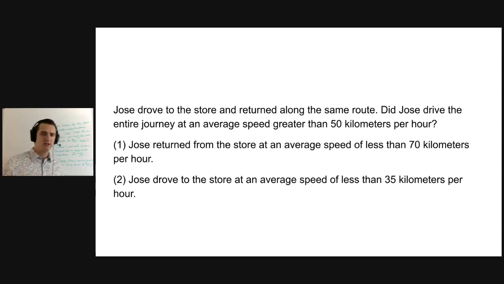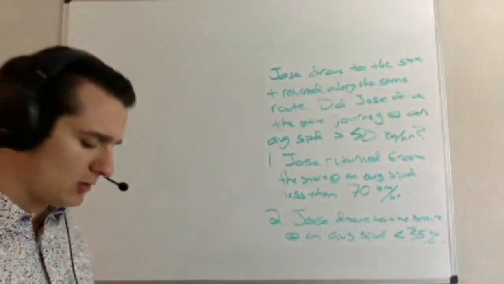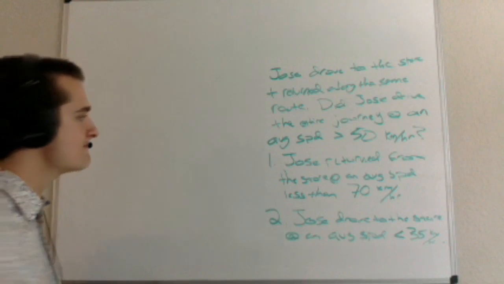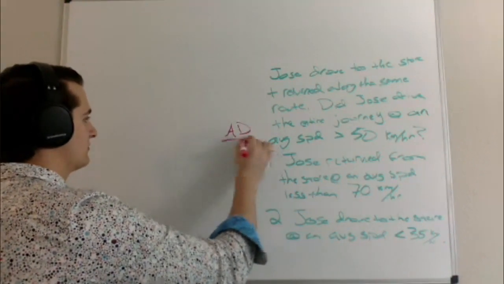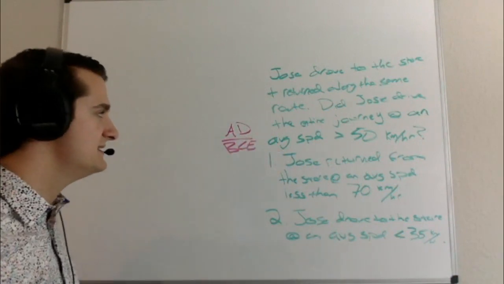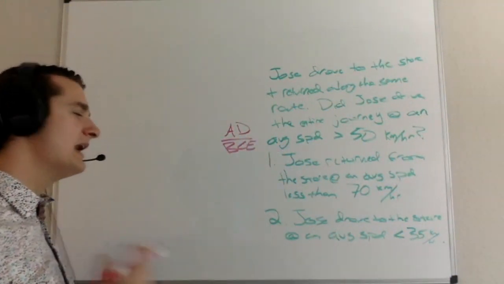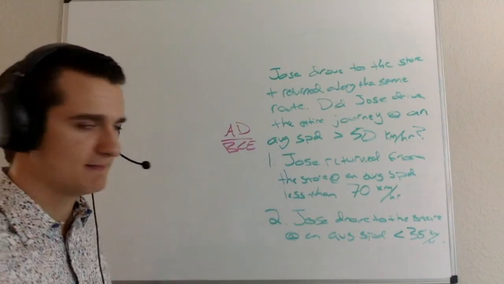So what I'm going to do here is take a look at this one on the board, and we'll talk through it a bit together. Now, when I think about this one, obviously I'm going to write AD over BCE here as I work through some data sufficiency. And again, there is a little bit of pushing the question that can be done here, which is simply this.